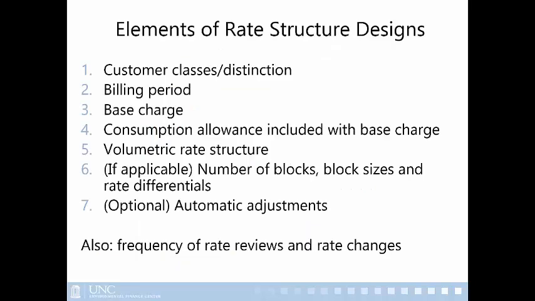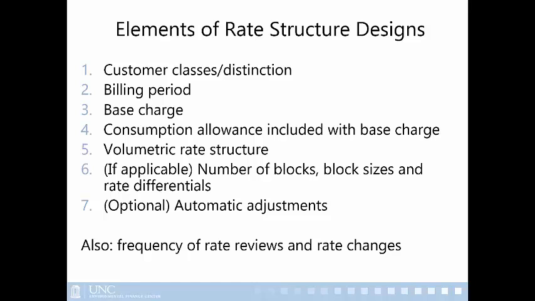So here are some of the elements of rate structure designs. I'm going to go through these quickly because you're all familiar, or most of you are familiar with them. First, it's deciding different types of customer classes and charging different rates and different rate structures for different types of customers. And I'll go through each of these bullet points separately.